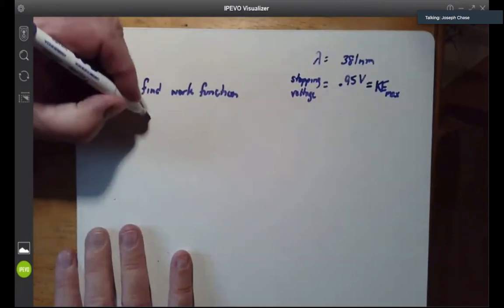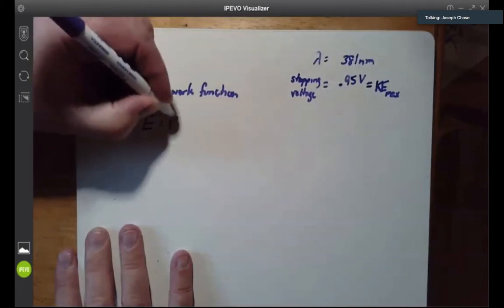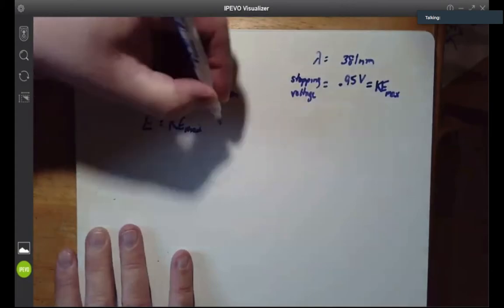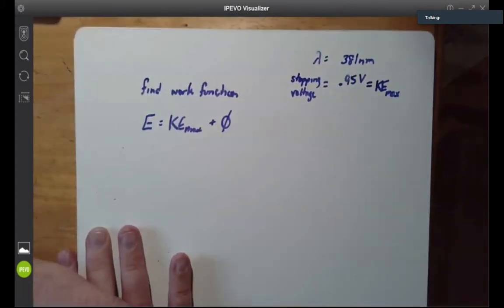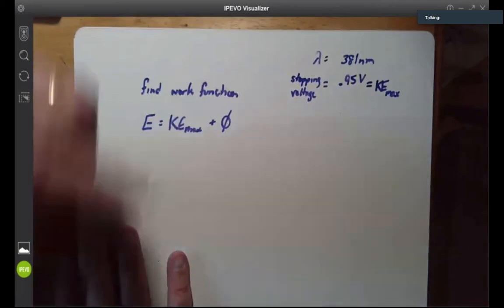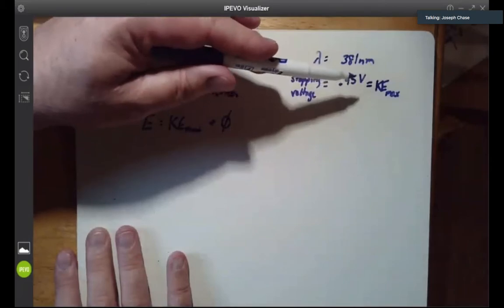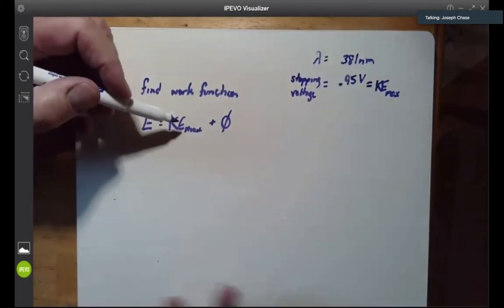All right, so the energy of the photon is equal to the max kinetic energy plus the work function, and that's what we're looking for. Well, we just said that the stopping voltage is code word for the max kinetic energy. So that's 0.95 volts.